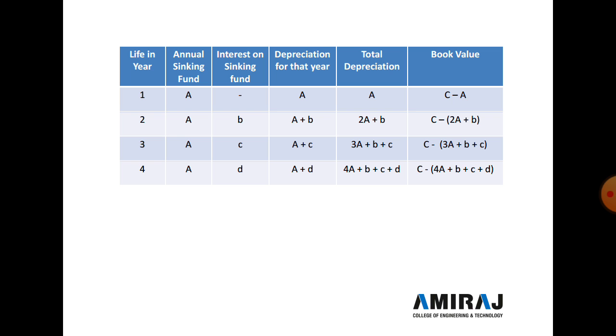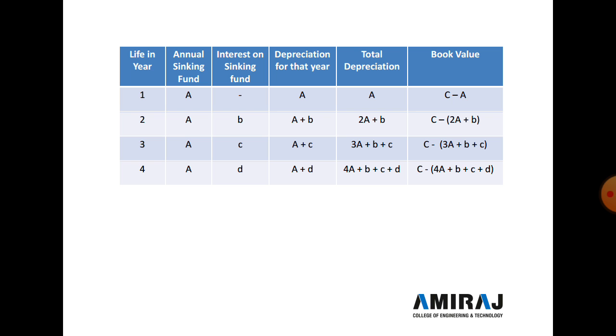So see this table. In this table, life in years 1, 2, 3, 4 is given, the annual sinking fund capital A is given, and interest on the sinking fund b, c, d is given. So depreciation of that year is a summation of the annual sinking fund plus interest on the sinking fund.